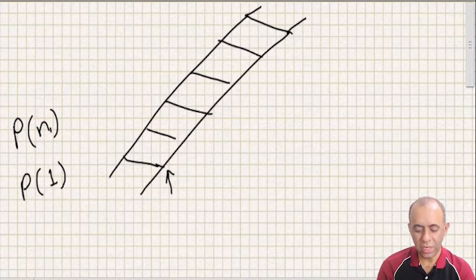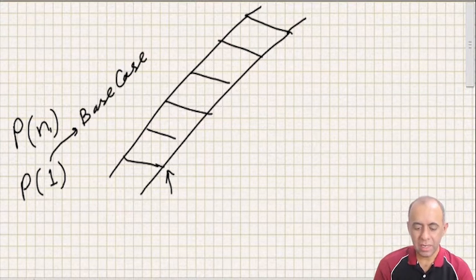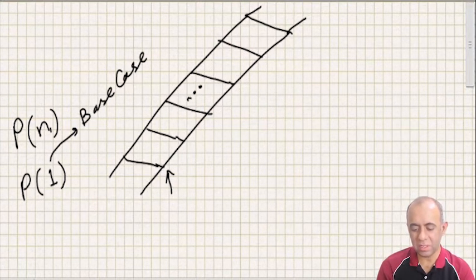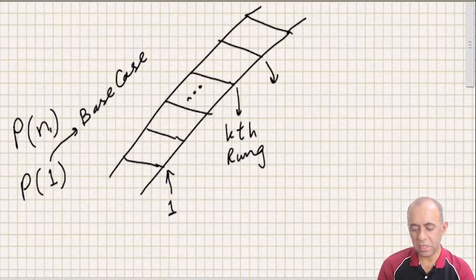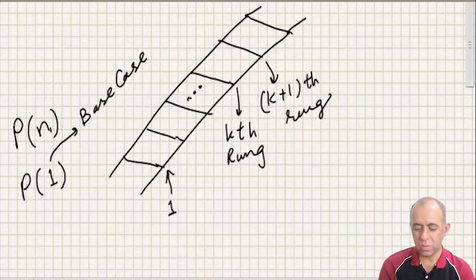So 1 is actually the base case, and then there is some arbitrary step which is the kth step. Let's say this is the first step, this is the kth step or kth rung. The next rung is k plus 1, right? So first we prove that our theorem is able to climb the first step.